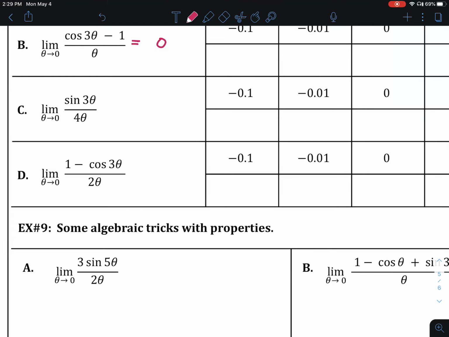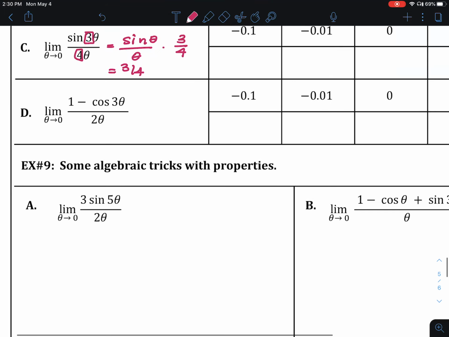In this example, we're going to take the ratio of the coefficients. So again, we have sine of theta over theta times 3/4. Again, this is improper mathematics, but this is how it works. This equals 1, and we have 3/4. And again, if I look at the last example, we have that 1 minus cosine over theta.